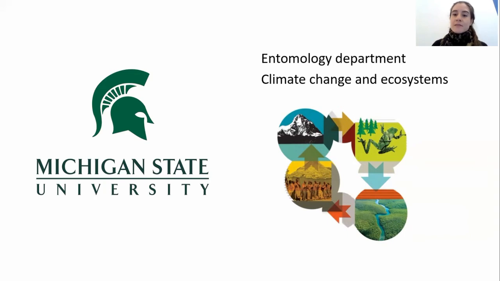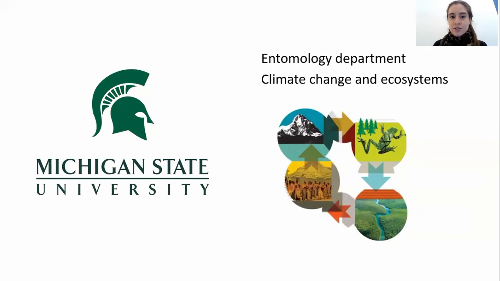Here, I'm studying how climate change alters ecosystems, but more specifically, heat waves. So those very few days that unfortunately we have to go through in the summer where it is extremely hot, and how those alter communities. That was a question that I had in mind and that I wanted to study.